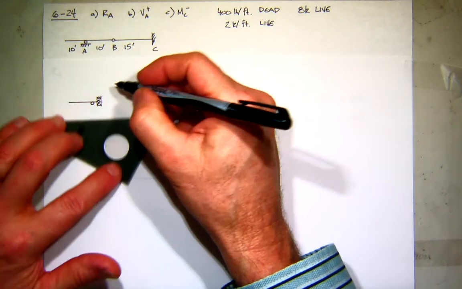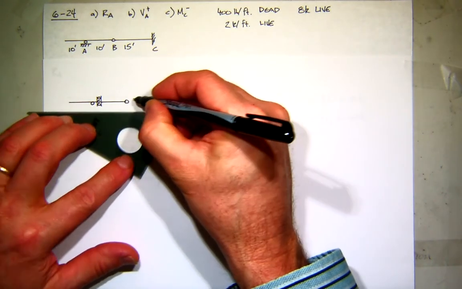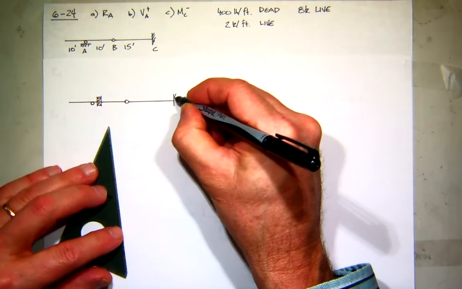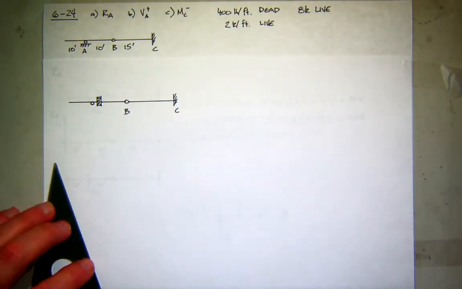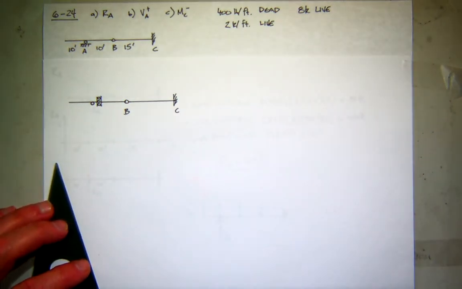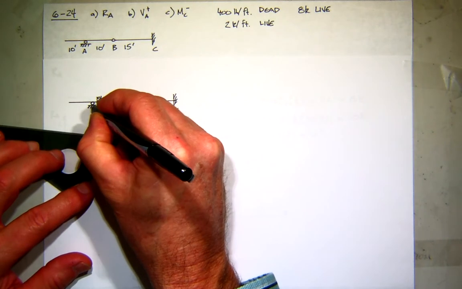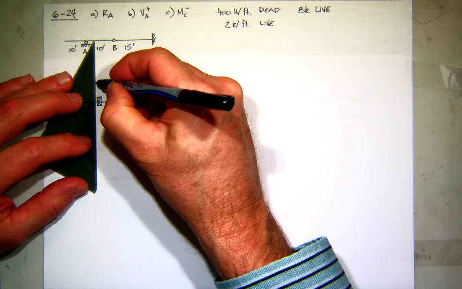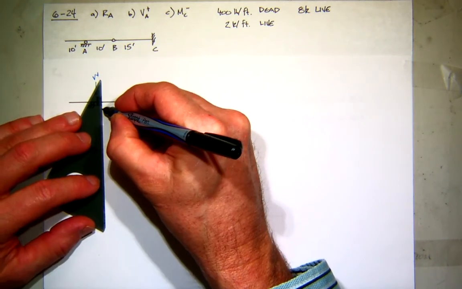So there's my shearless connector just to the right of A, and then there's B, and then over here the fixed connection at C. And of course, that is a roller.